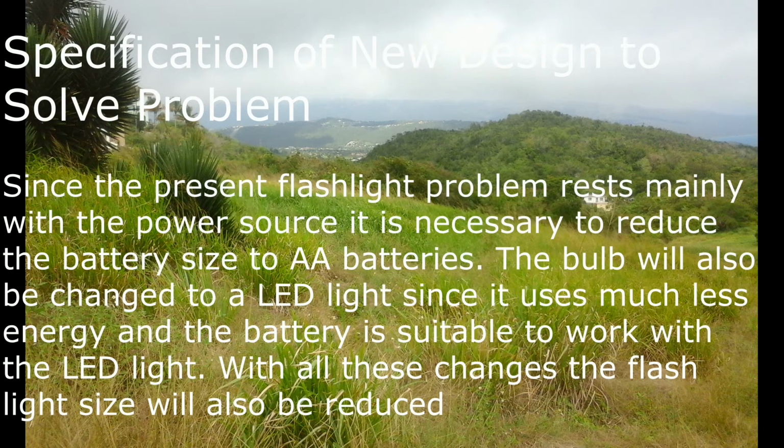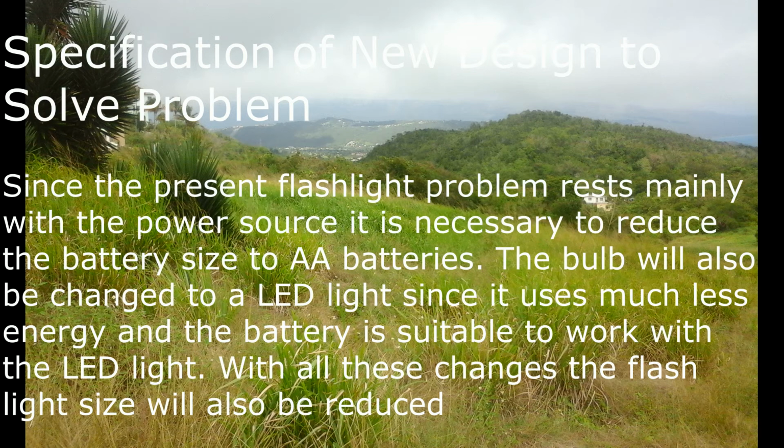Now, the fourth part of the design process is the specification of the new design to solve the problem. In this part you're going to look at how you're going to solve the issues that you highlighted before: how the flashlight is bulky and hard to handle. Since the present flashlight problem rests mainly with the power source, it is necessary to reduce the battery size to AA batteries.